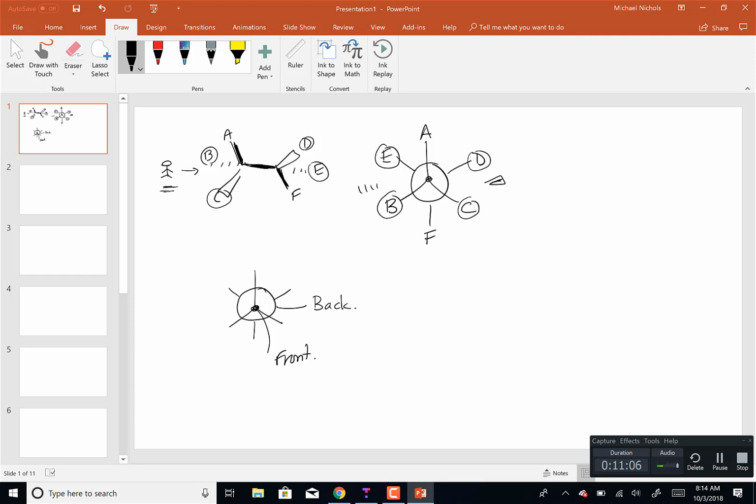So then, because these groups are all at 60 degrees away from each other, their maximum distance away from each other, this is then called the staggered conformation. And so a conformation is different three-dimensional structures. So there's stereoisomers, and it's been, I don't know, probably 3 weeks since we've talked about stereoisomers. But EZ and cis-trans were examples of stereoisomers.